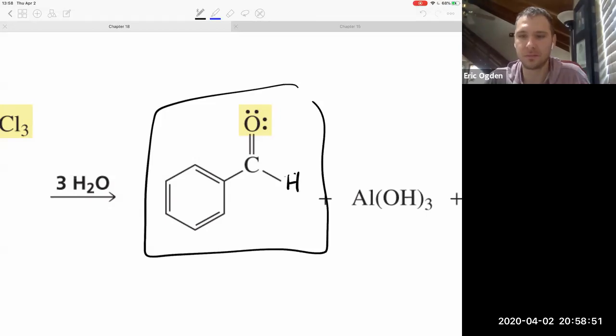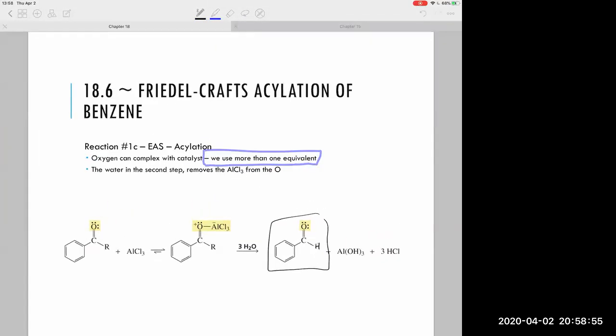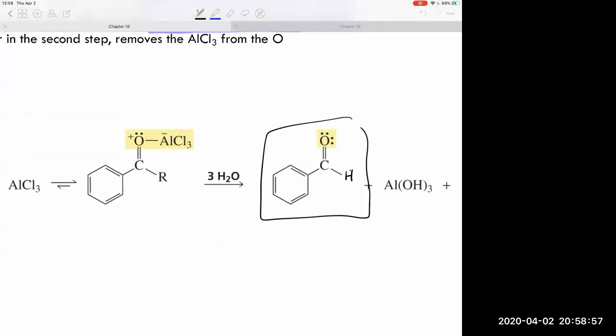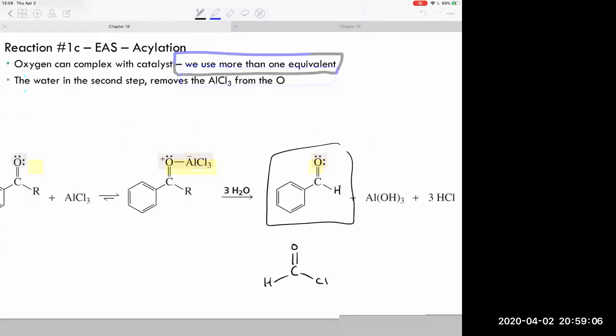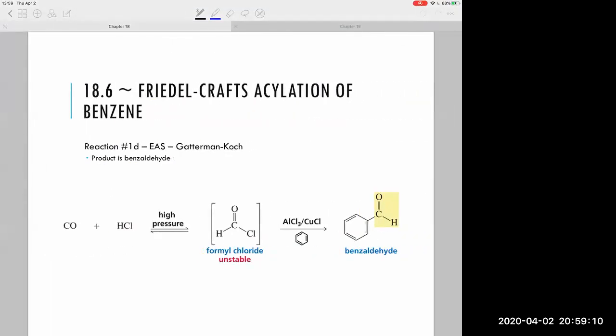Yeah, so if you wanted to form benzaldehyde, it turns out that's a little bit more of a pain in the butt, mainly because you would have to start out with this compound here, which is quite unstable. So that's a different scheme for forming benzaldehyde than otherwise acylating a benzene ring.